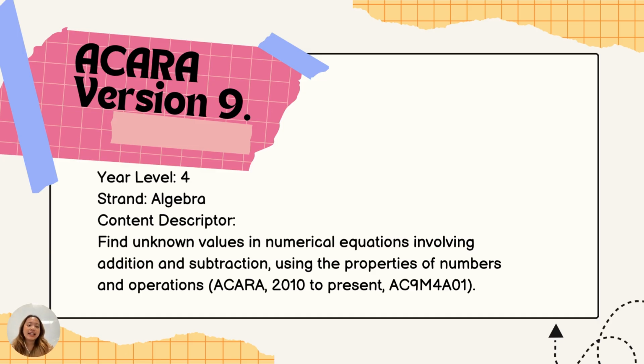Next, this is from the curriculum. We have it from Year Level 4, in the strand Algebra, with the content descriptor: find unknown values in numerical equations involving addition and subtraction using the properties of numbers and operations.